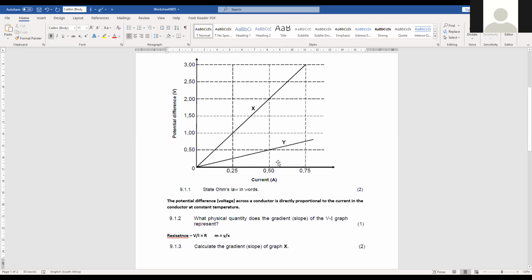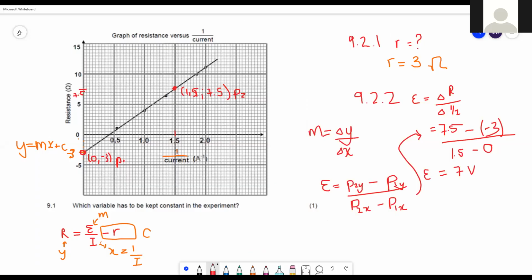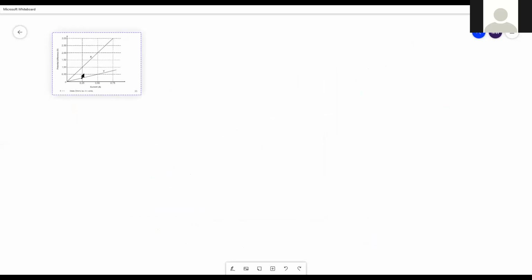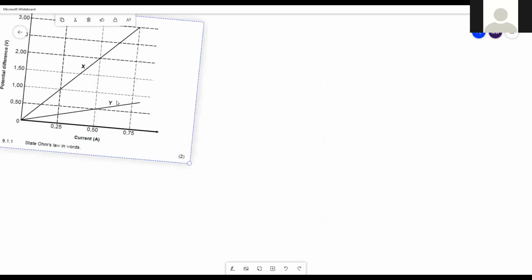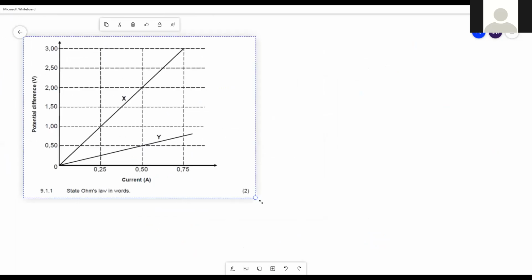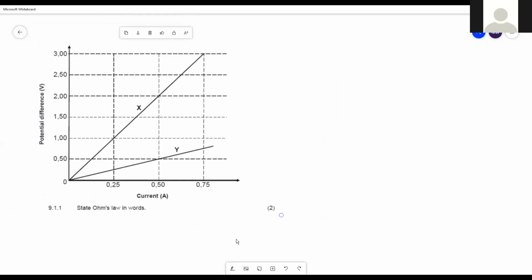Okay. Then they're asking us to calculate the gradient of slope X. I'm just going to do this on a whiteboard again. So we have to calculate the slope.